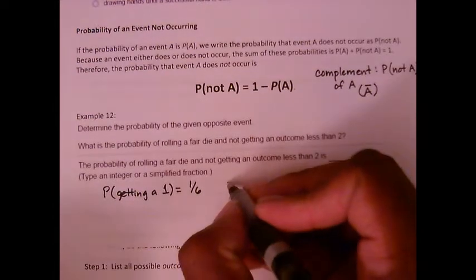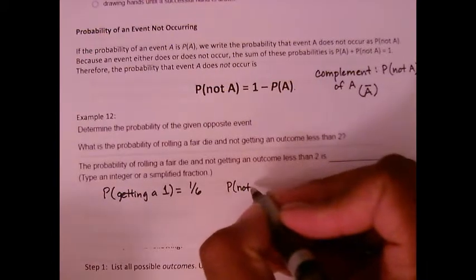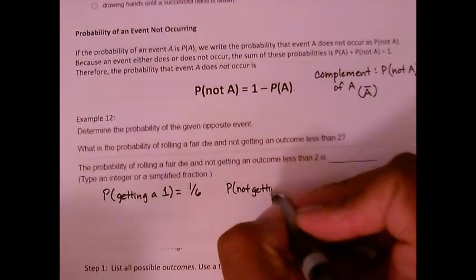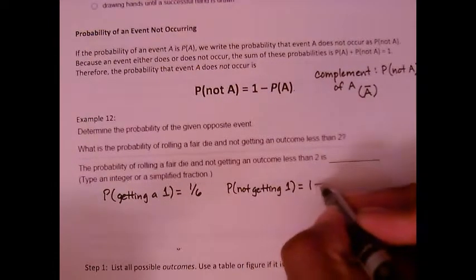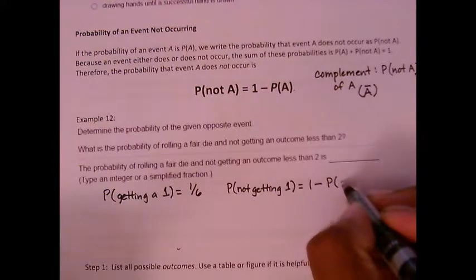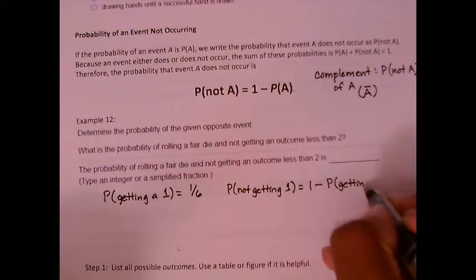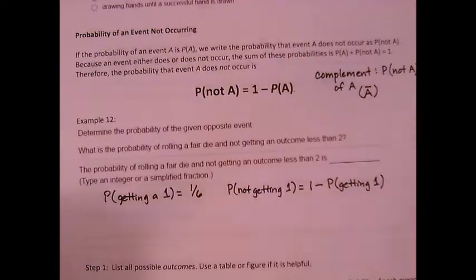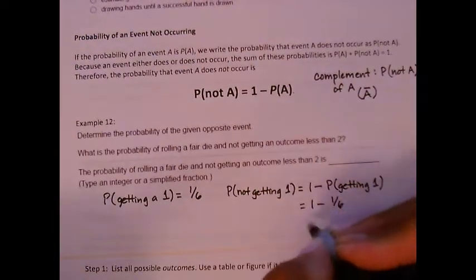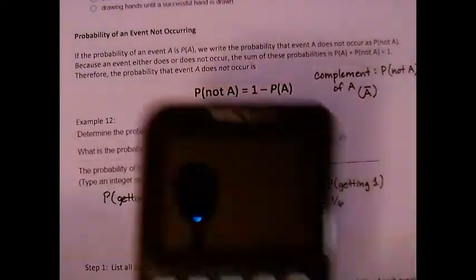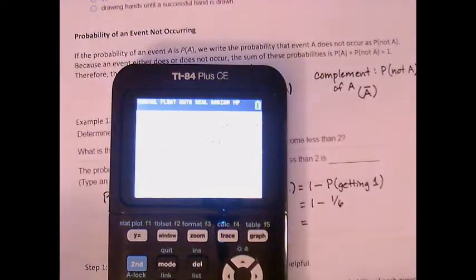So if I want to find the probability of not getting a 1, that will be 1 minus the probability of getting a 1. Okay? Because getting a 1 and not getting a 1, those are complements of each other. And I know the probability of getting a 1 would be 1 out of 6. So if I do 1 minus 1/6, and I'm going to show you how to do fractions on this calculator here.